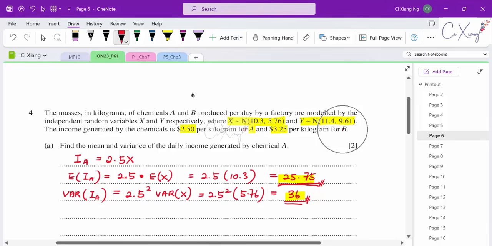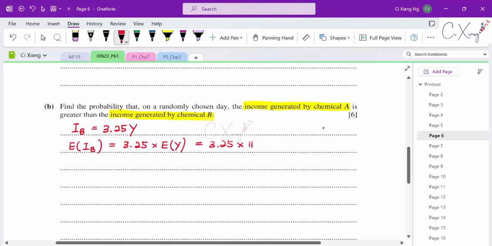You can get it from the question just now, 11.4. Then we should have 37.05.